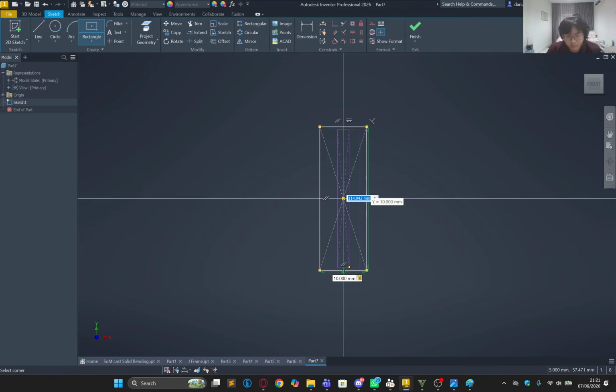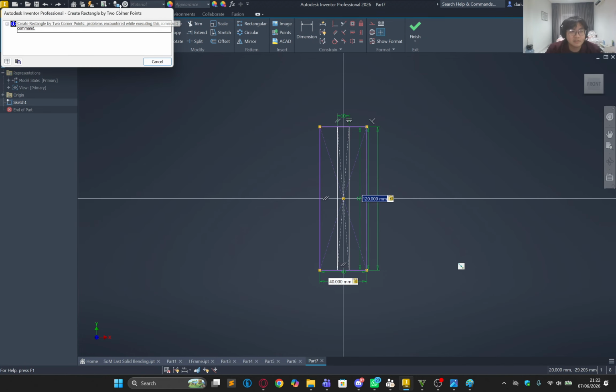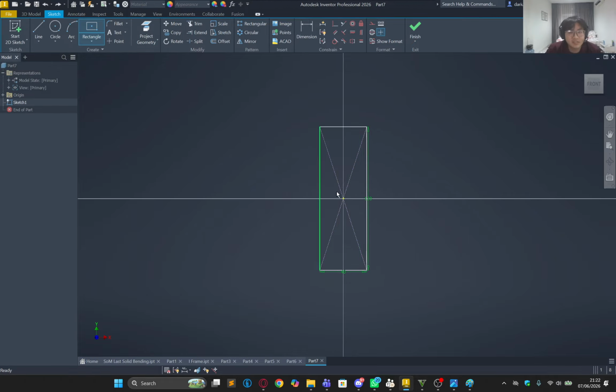And 20. Keep that in. 40 millimeters. Oh no, I messed up. That's okay, I mess up, guys. 40 millimeters times 120 millimeters. Oh wait, no, it is wrong. I forgot. It's 100 millimeters. Wait, how can I forget? Oh, there you go. Oopsie.